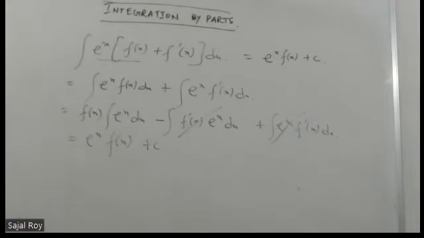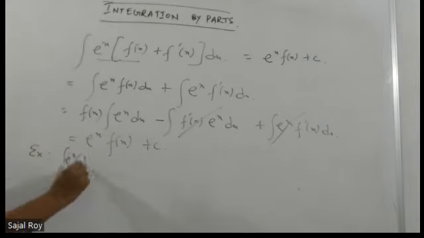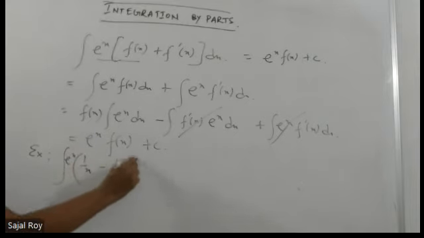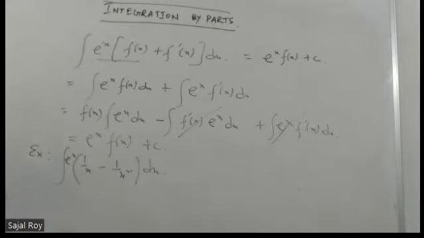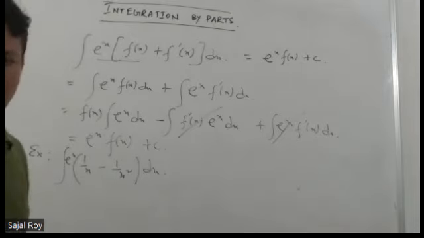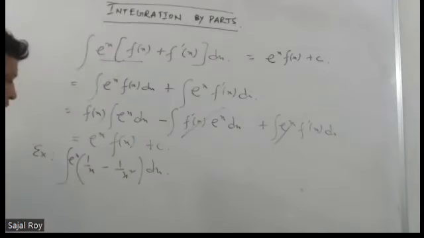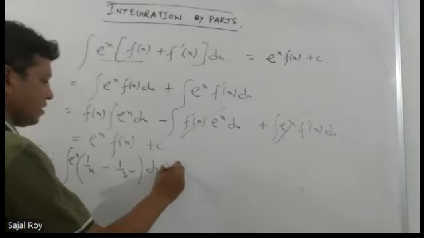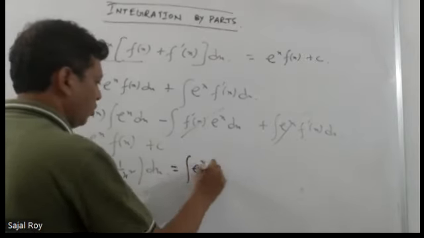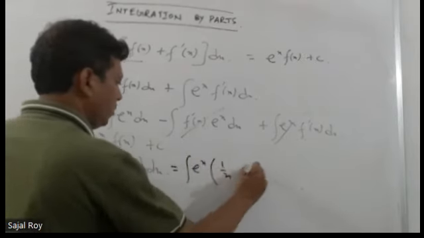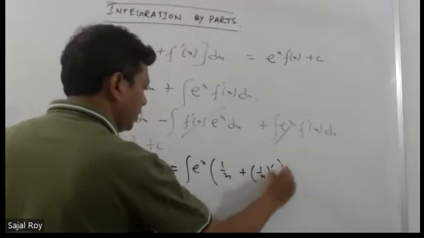So using this, just try this one. e to the power x into 1 over x minus 1 by x squared. Actually, this is nothing but your f x and f dash x.